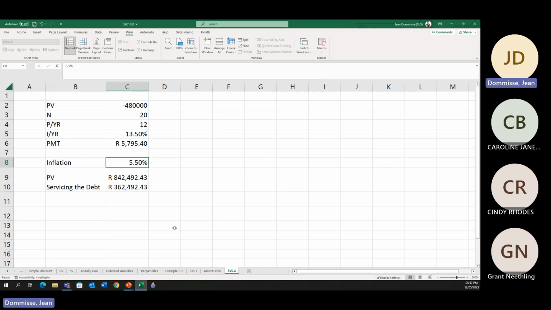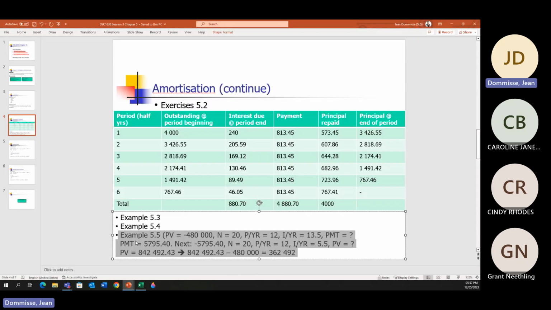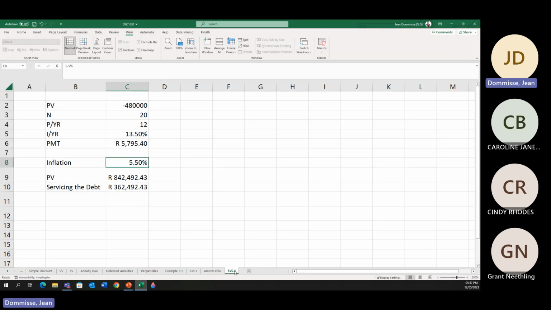Okay, so that was not exercise 5.4. I've now got example 5.5.